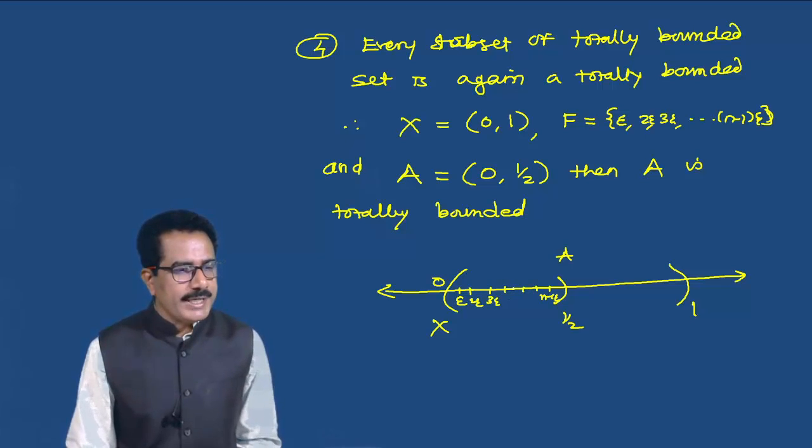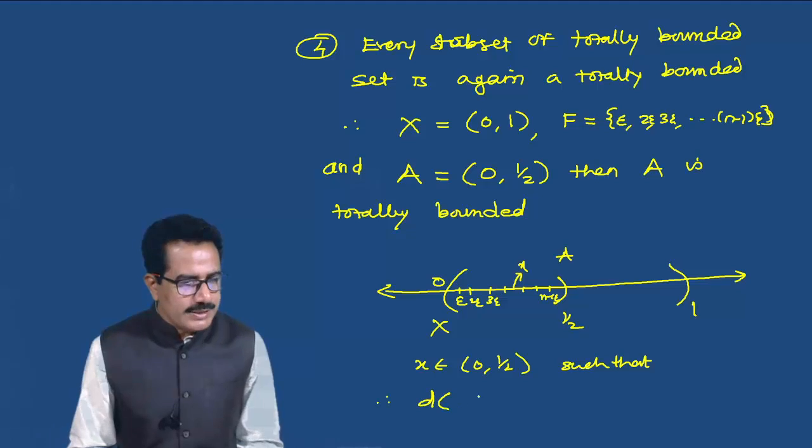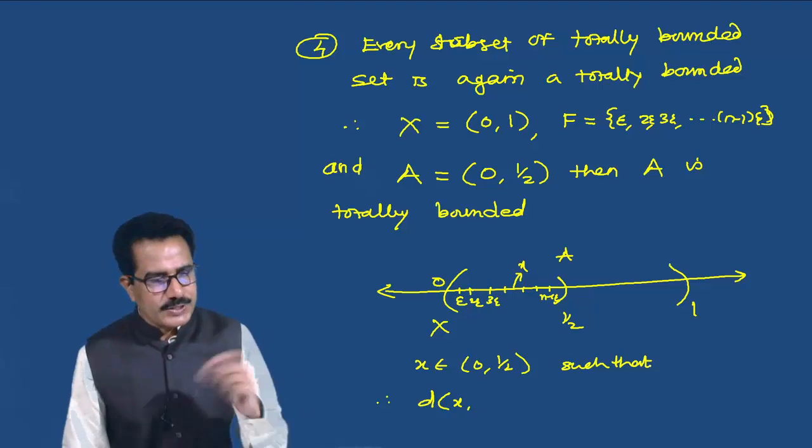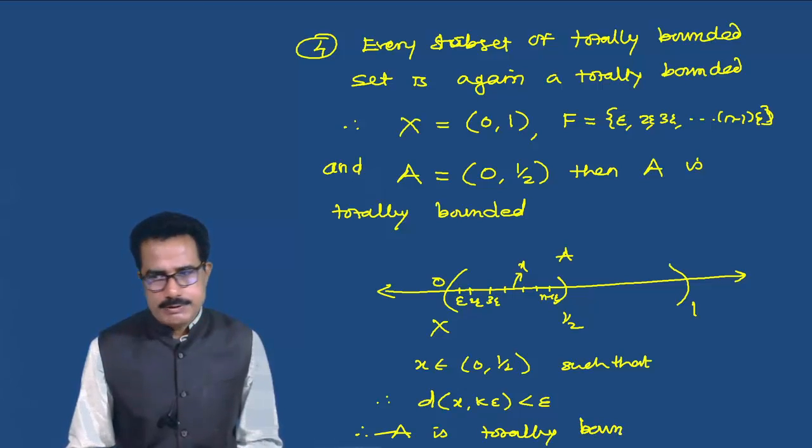If we take any point x belonging to [0, 1/2], which satisfies that the distance of x and k epsilon is less than epsilon, therefore A is a totally bounded set.